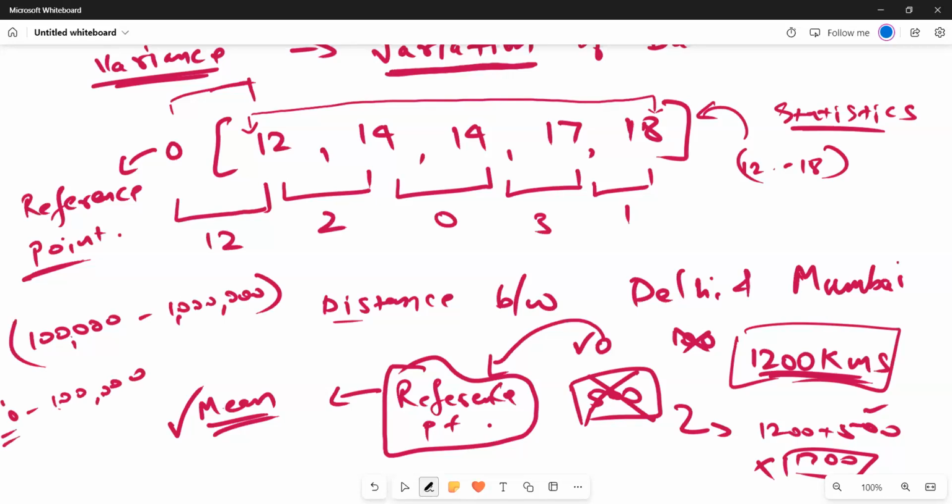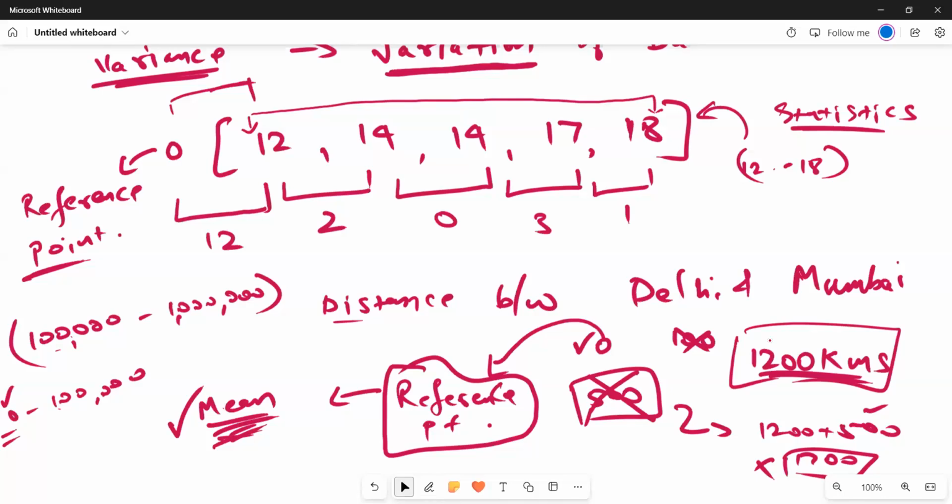Now, what will happen if I shift this reference point to the mean of the data? The mean of the data will lie in this particular range only. Does everyone agree that the mean of the data will always lie between the range of the data? You can simply raise your hands to confirm.